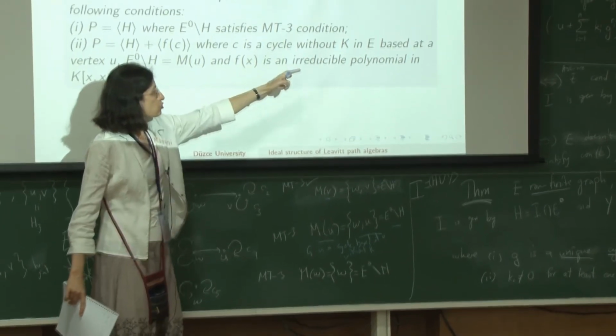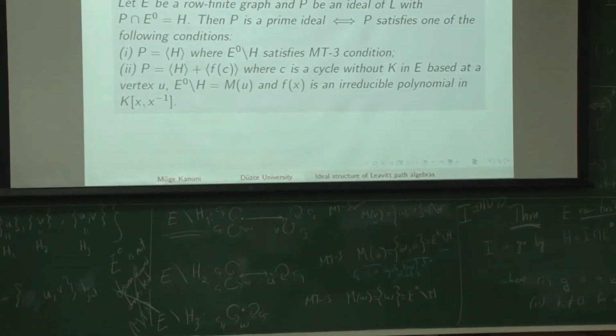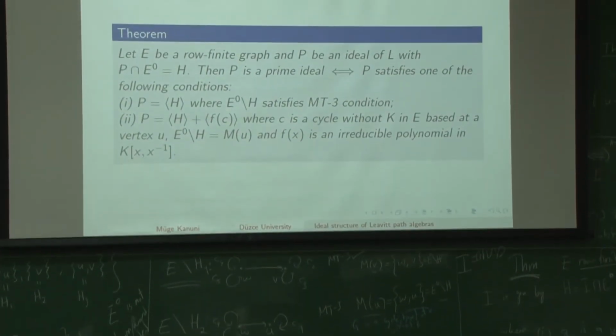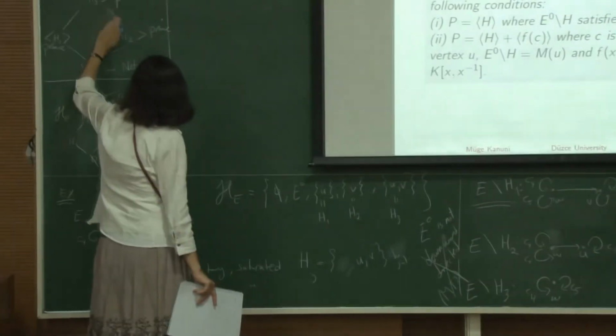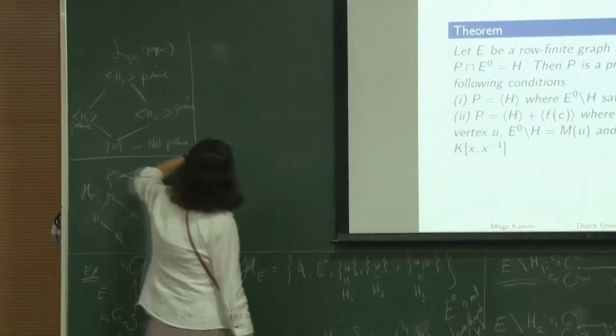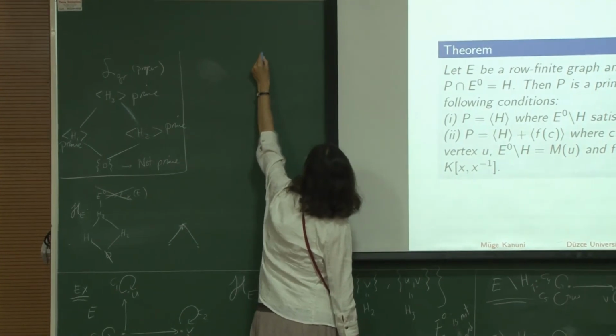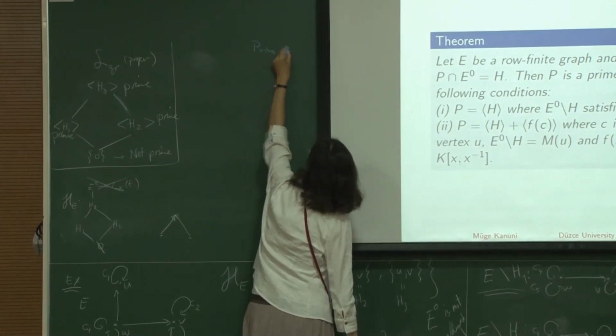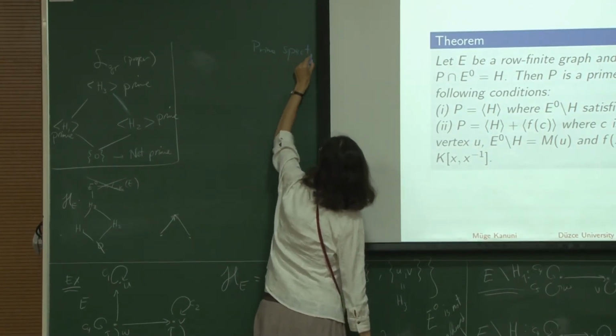Pick any irreducible polynomial in K[x, x inverse] and plug the C in. That's going to produce, well, let me put all prime spectrum.